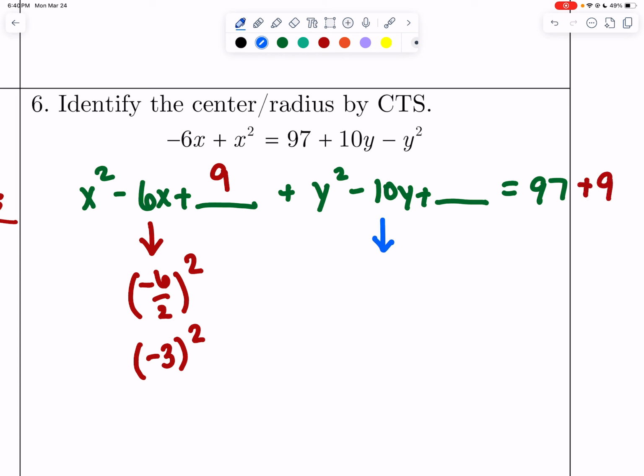Same thing here, negative 10 over 2, which gives us negative 5 squared, or 25. So if I do 97 plus 9 plus 25, I am going to end up with 131.